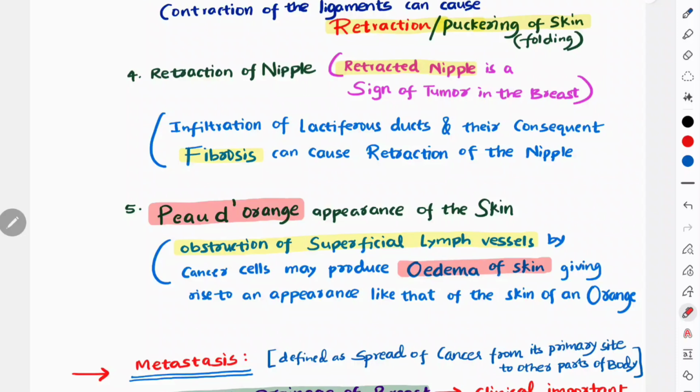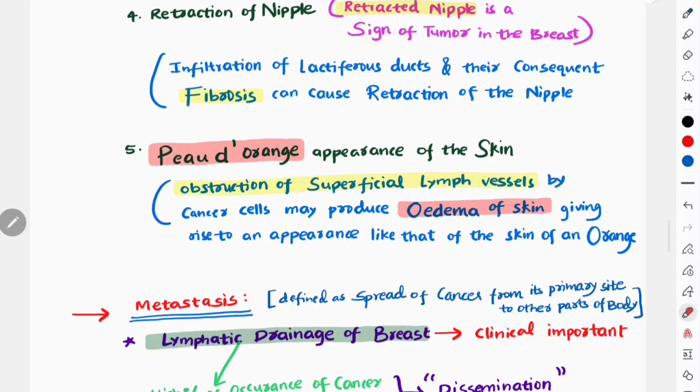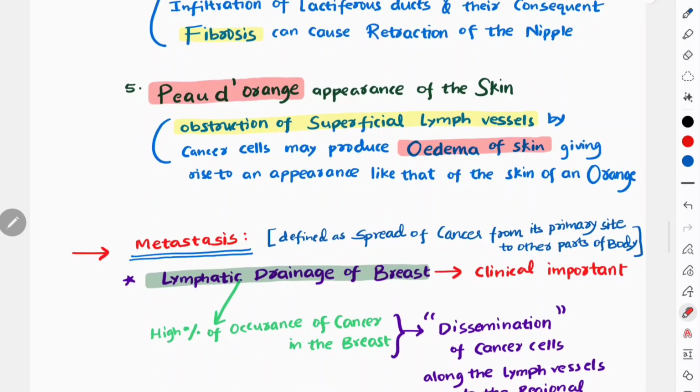The skin of the breast becomes edematous, giving it an appearance like that of the skin of an orange, like leathery skin with an orange kind of pigmentation. So that is the orange appearance of the skin. This is very important, you have to remember. By visual inspection only you can see that the orange appearance of the skin is observed at the site of tumor.